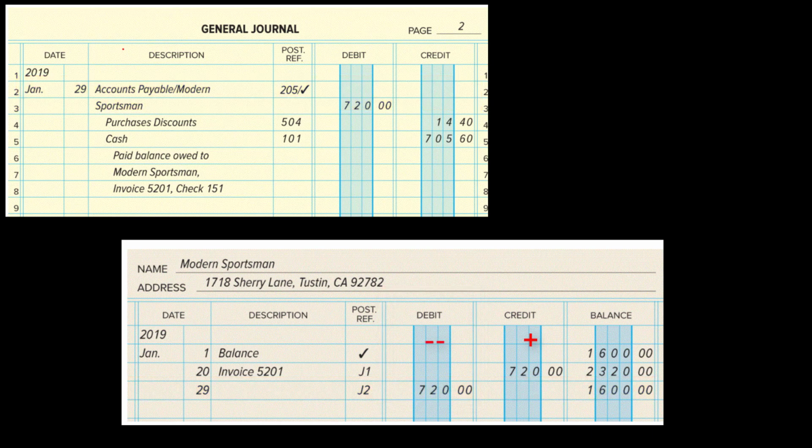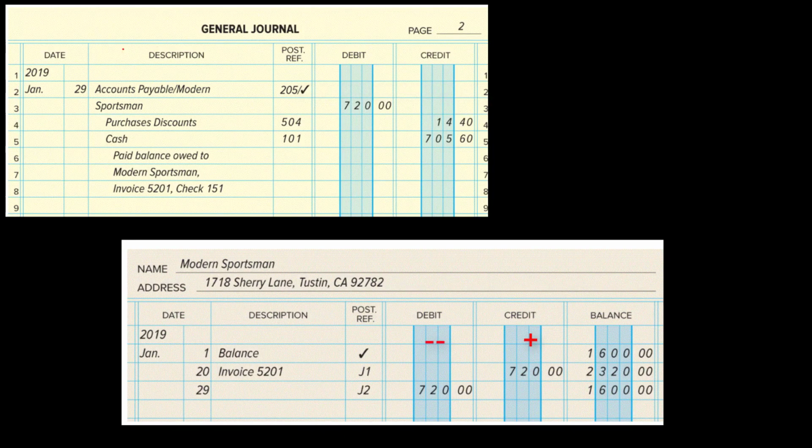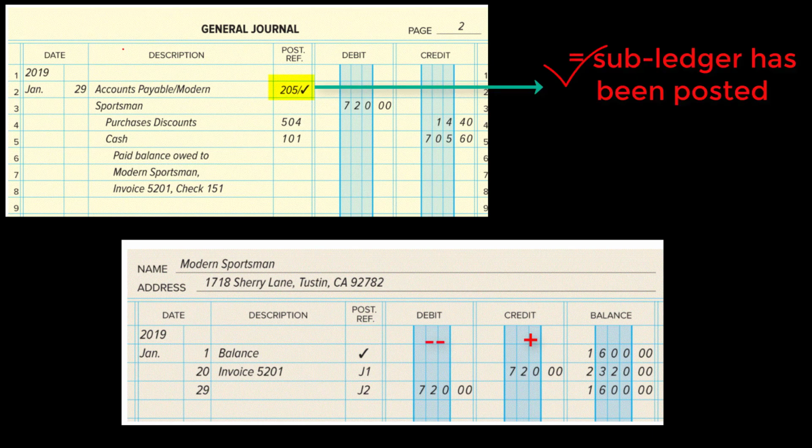In other words, the controlling account is account number 205 in this case. We debited for $720. In addition, notice the check mark, which indicates that the posting to the accounts payable subsidiary ledger for Modern Sportsman in this case has been made.